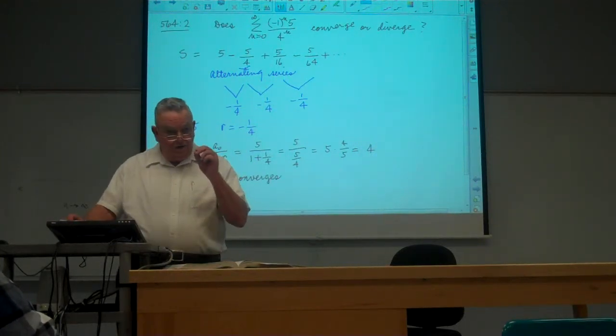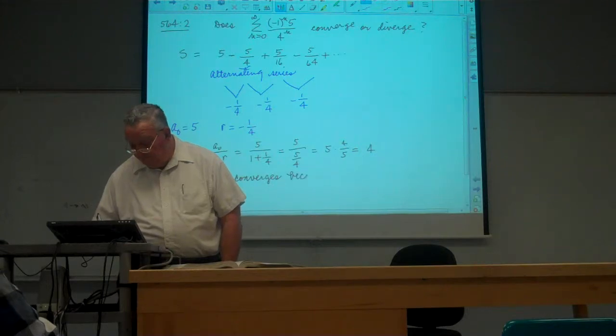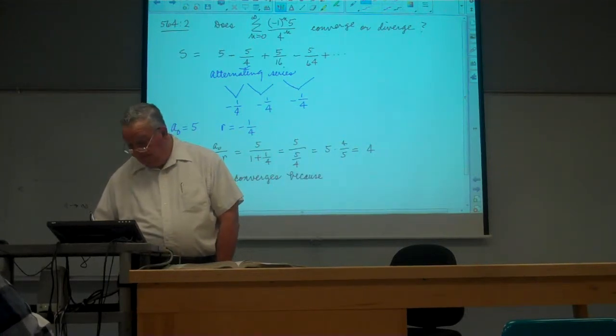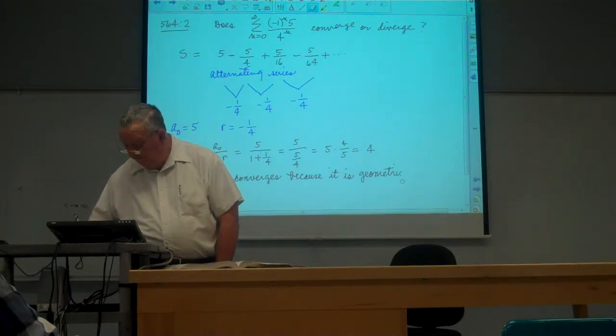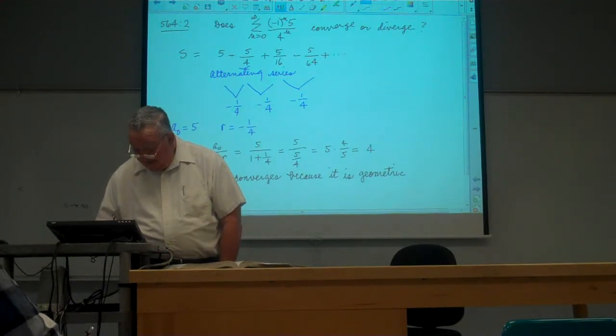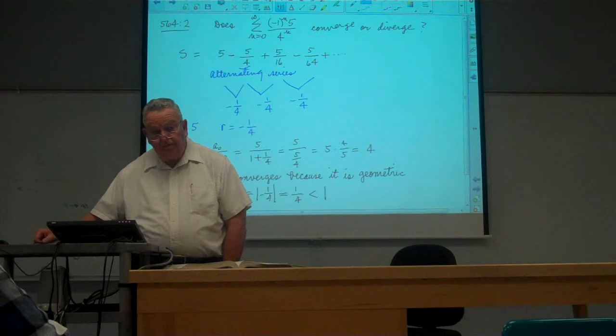Remember I said I have to see the word converges or diverges, and then I have to see the word because it is geometric and the absolute value of R is equal to the absolute value of minus 1/4, which is equal to 1/4, which is less than 1.